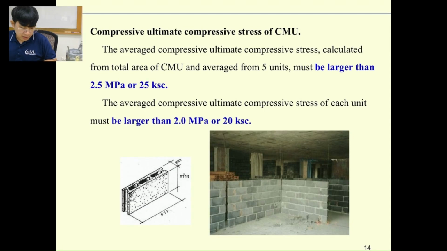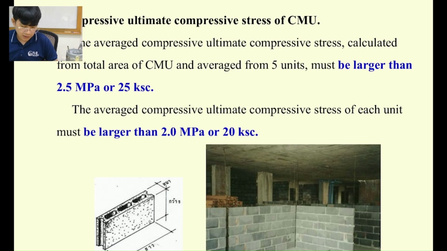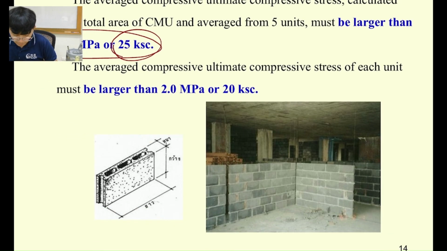Okay, another one we're going to look at is the strength of the non-load bearing CMU. You can see that even though it's not going to resist any load, it requires a small amount of strength resistance. Because of what? When we construct the wall, we're going to put it at the bottom, right? So this bottom is supposed to be able to resist some load.